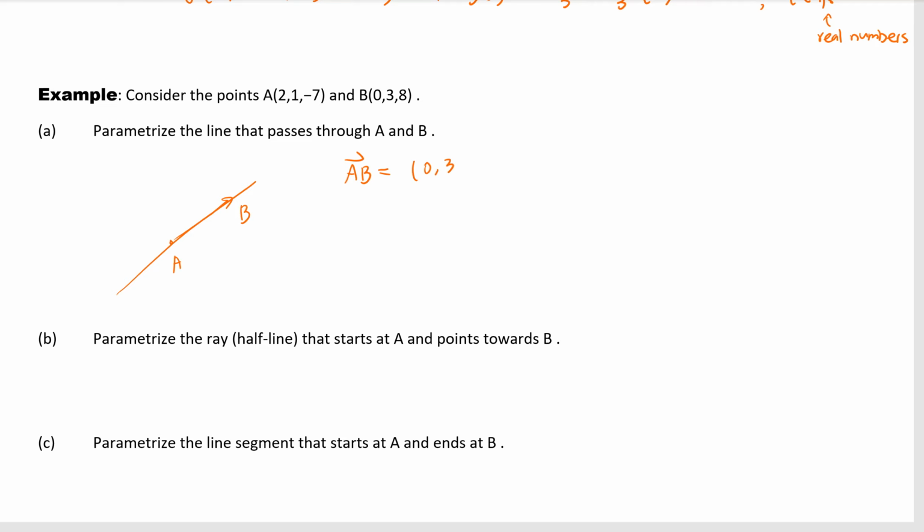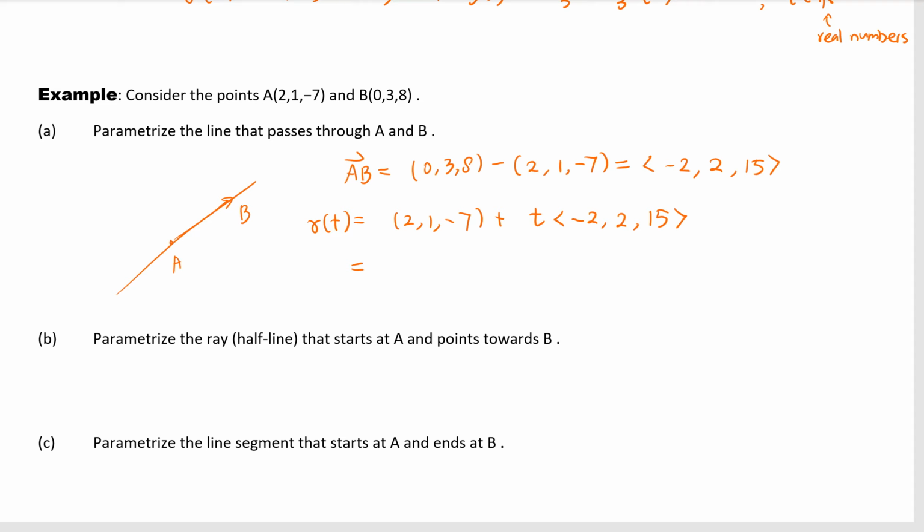Take the terminal point (0, 3, 8) minus the initial point. So 0 minus 2 is -2, 3 minus 1 is 2, 8 minus -7 is 8 plus 7, 15. So our parameterization: we can pick any point, let's pick the point A, (2, 1, -7) plus t times the vector (-2, 2, 15).